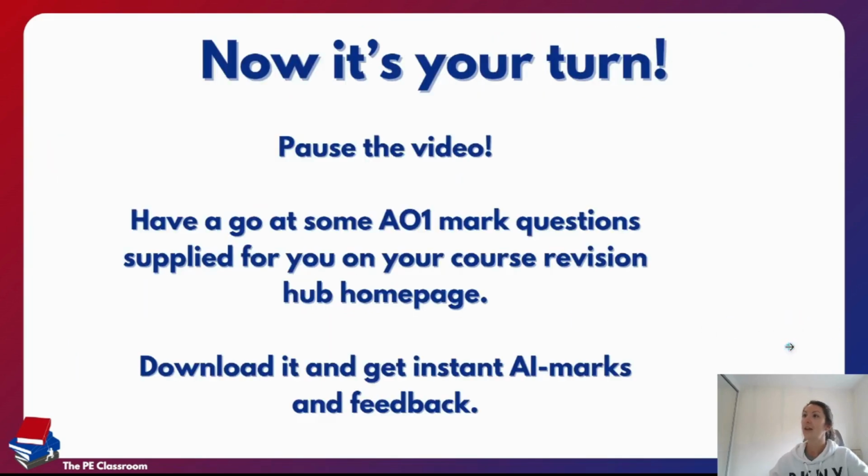Okay. So if you would just like to pause your video, have a go at the AO1 mark questions that are supplied for you on your Revision Hub homepage. If you just go back to where you're looking at the video and scroll down a little bit further, you'll see some download buttons. You can have a go at them questions. They're all AO1.